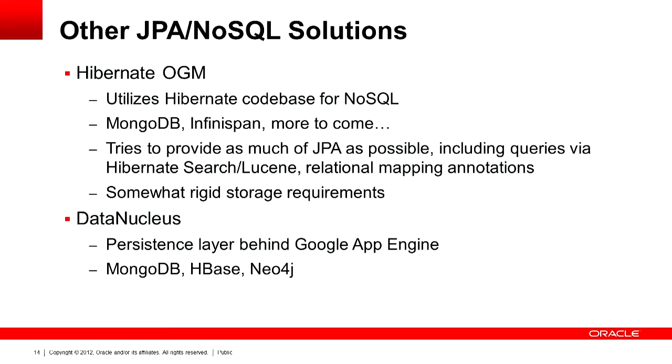There's also DataNucleus. It's a very interesting piece of software that uses JPA. If you've used Google App Engine, it's actually the Google App Engine persistence engine. That's what they do persistence with. And it supports actually the widest variety of databases of this family of solutions.